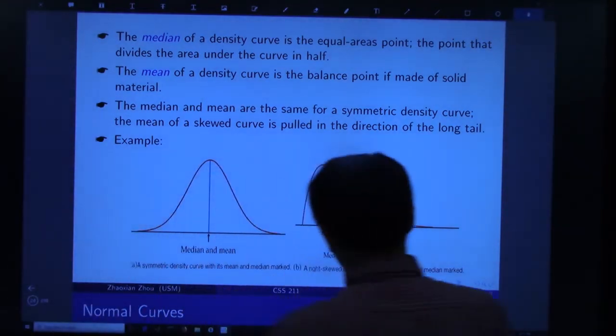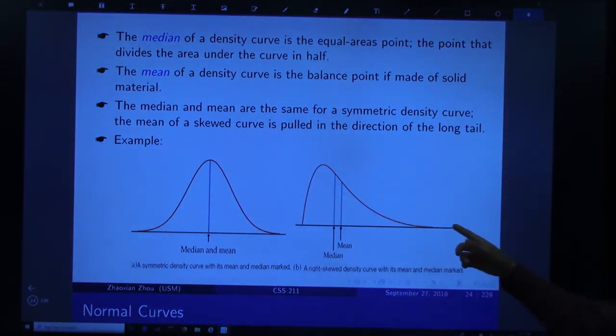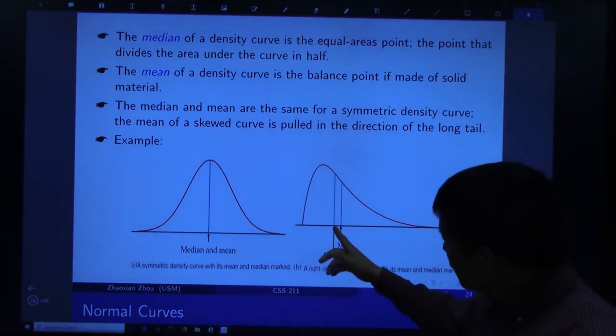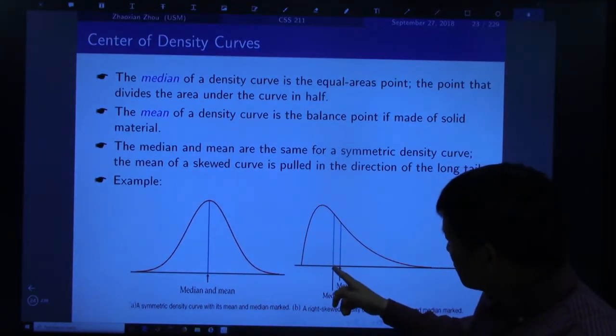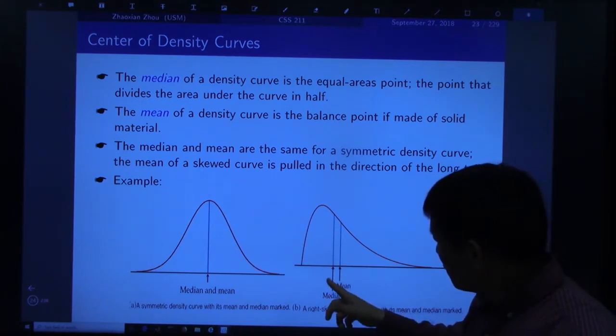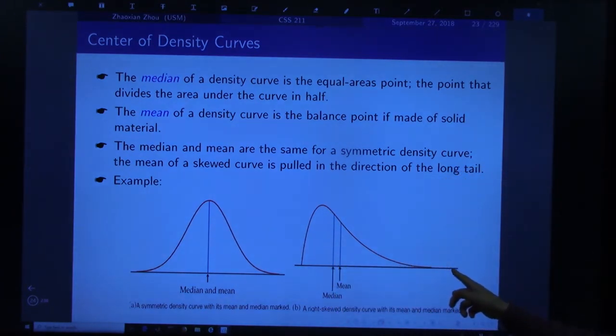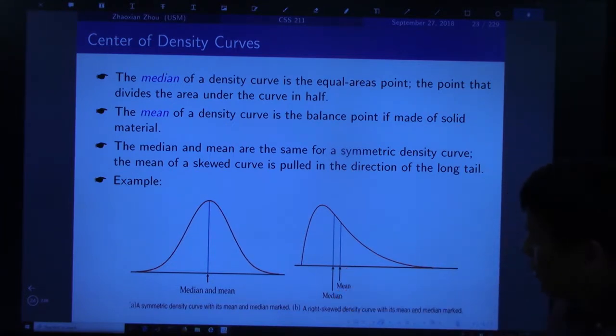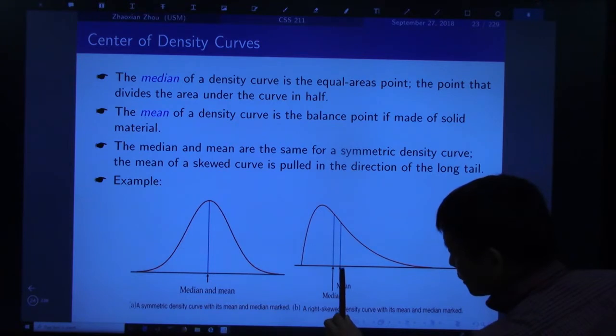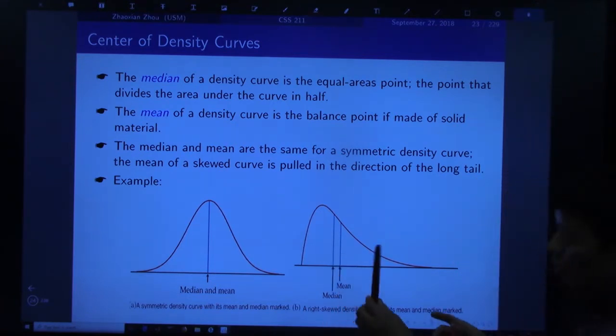Here, for this right skewed distribution, the median is here. That means the area from here all the way to this point will be equal to the area from this median all the way to the right. The area must be the same. But if we made this with a uniform solid material, then if we put the support at the mean, it will be balanced.